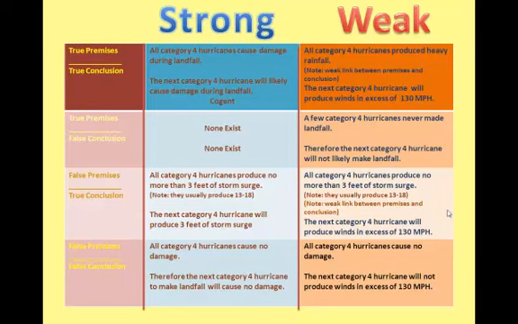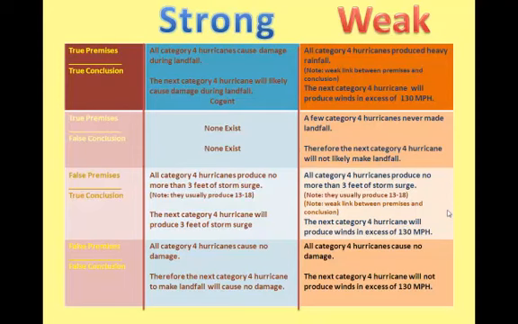In the second row, true premises and a false conclusion is very improbable in a strong inferential argument, but is probable in a weak inferential argument.